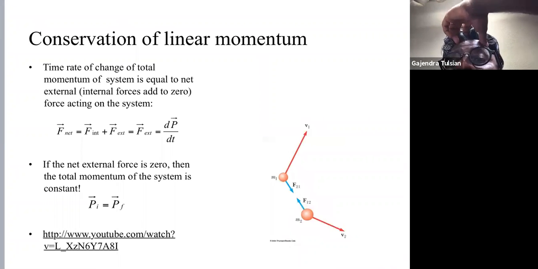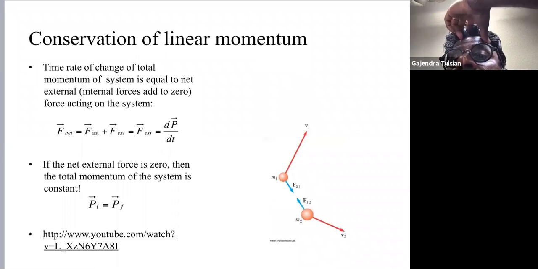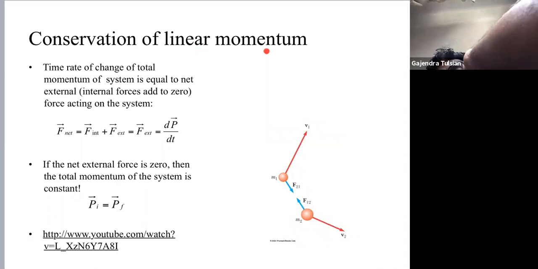All right, so here's the important idea that we are interested in: conservation of linear momentum. So let's say here two objects interacting, so they might attract each other, so they might be charged particles, and they're colliding or whatever. There will be internal forces.